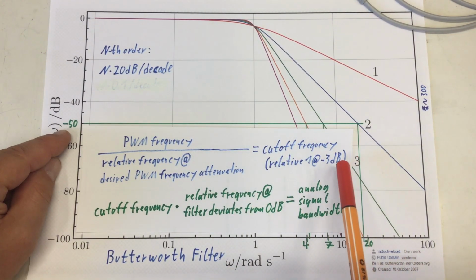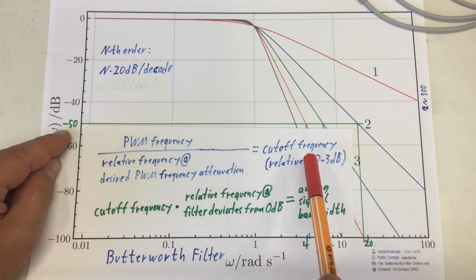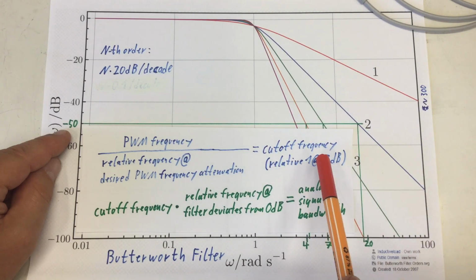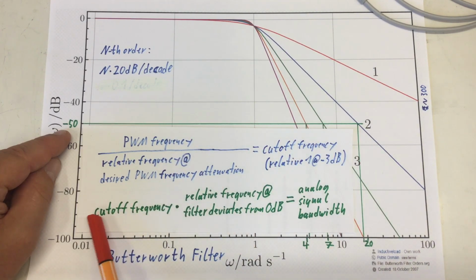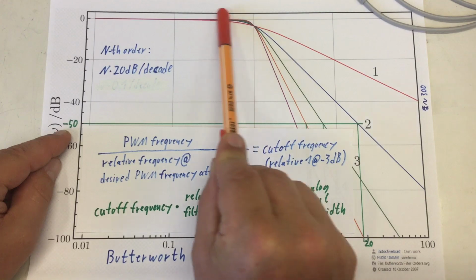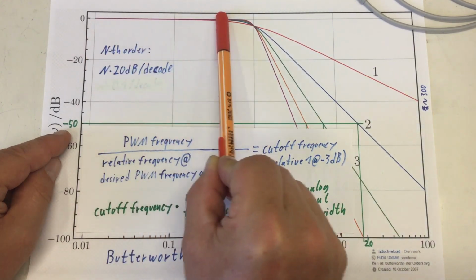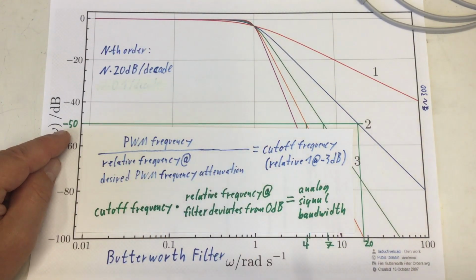And if -3 dB attenuation within your analog bandwidth is fine for you, you stop here. Otherwise, you take the cutoff frequency and multiply it by the relative frequency where your filter deviates from the 0 dB curve. And this gives you really your analog signal bandwidth without any attenuation.